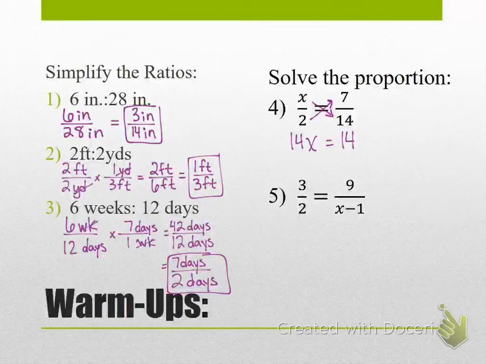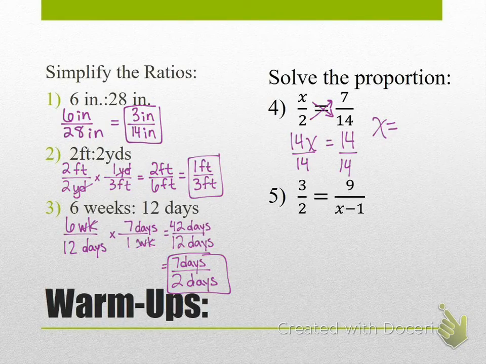Now, yesterday we wrote out 14 times x equals 2 times 7. If you go straight to this, that's fine. I think most of you know 2 times 7 pretty quickly. But we're not done. We have to solve it, which means we need to divide. And x equals 1. Good.